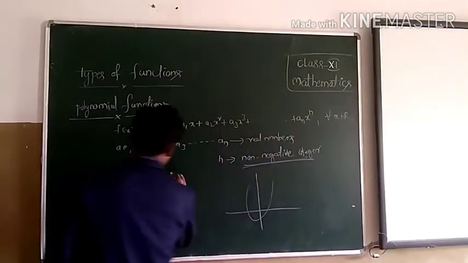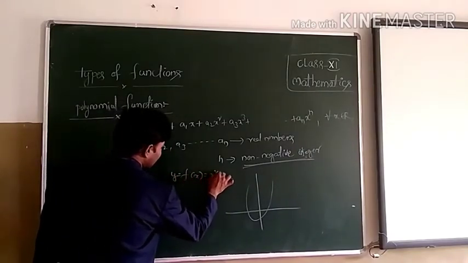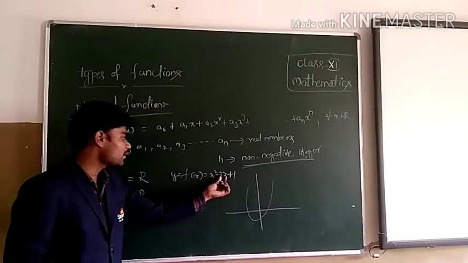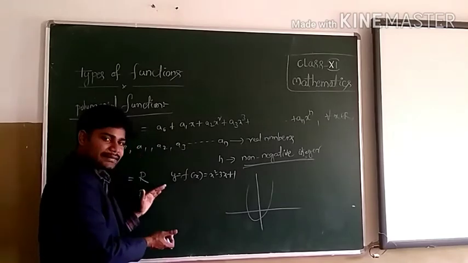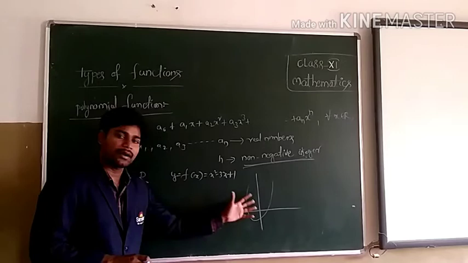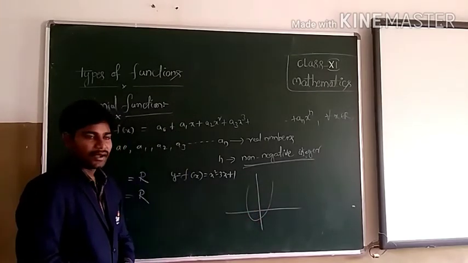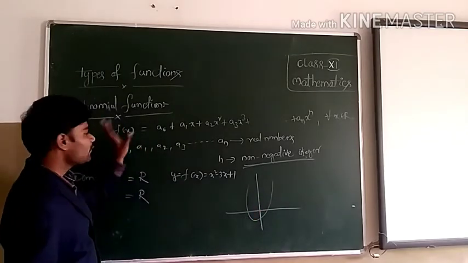Suppose you consider y is equal to f of x is equal to x square minus 3x plus 1. If you take some particular value for x, we will get a y value. Like that, as in the earlier example, we will get some ordered pairs. Based on the ordered pairs, if you draw the graph for the polynomial function, the graph will come like this. This is the rough graph of the polynomial function.